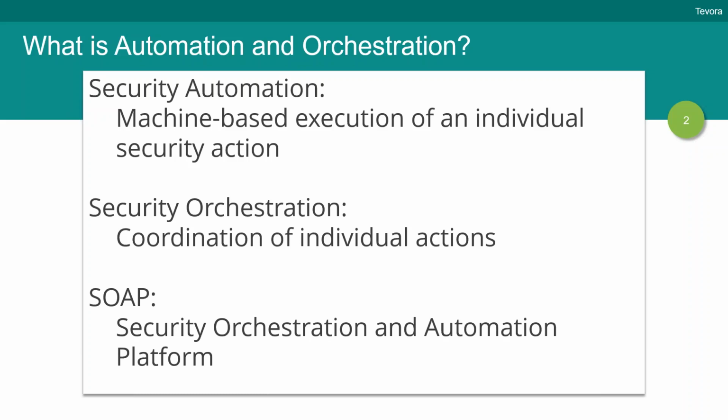And the third one that is starting to show up more frequently is this acronym called SOAP. This is a reference to Security Orchestration and Automation Platform. The idea here is that a lot of these solutions showing up out there are really focused on turning this into a platform, because it's really not a matter of just go stand up a box, put it in place, and you're done.